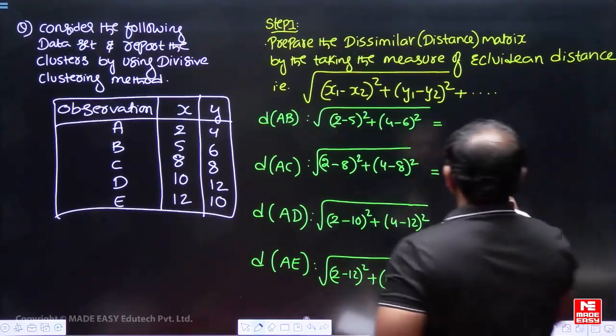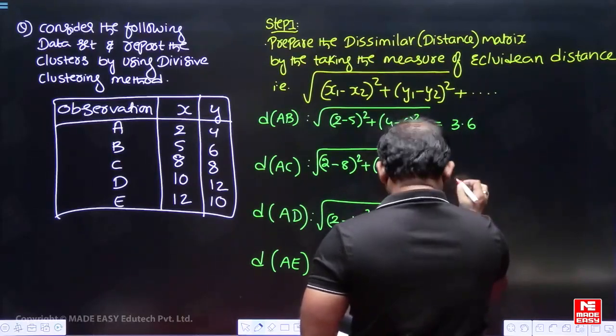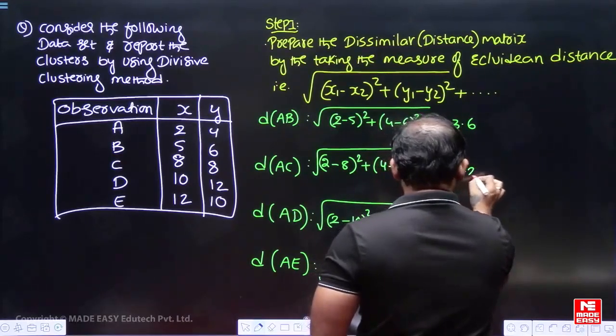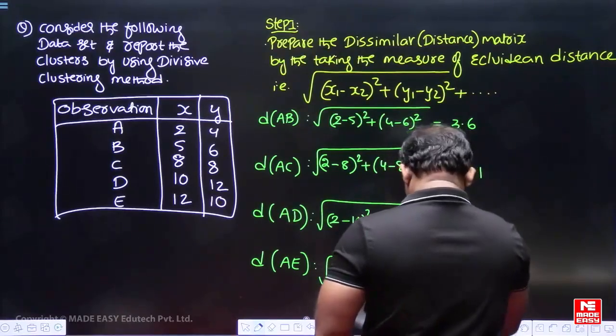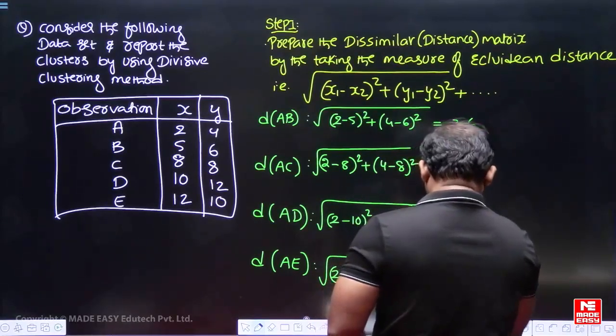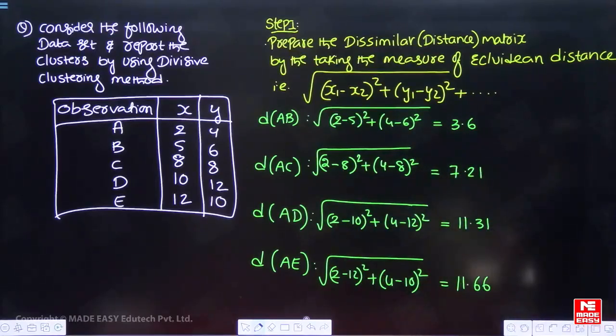I calculated like this. This is 3.6. This is 7.21. And this is 11.31. Then this is 11.66. Verify, please cross-examine this. Are your values matching or not? I calculated like that. This is the distance.